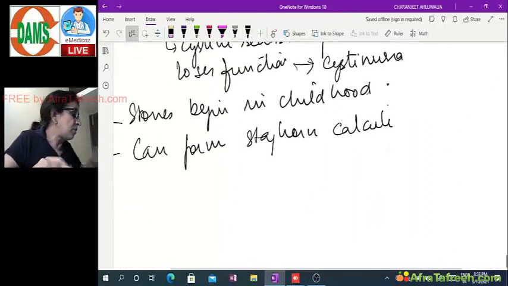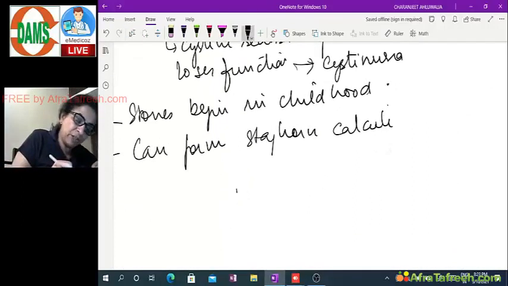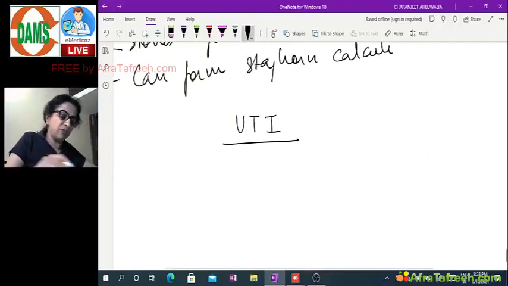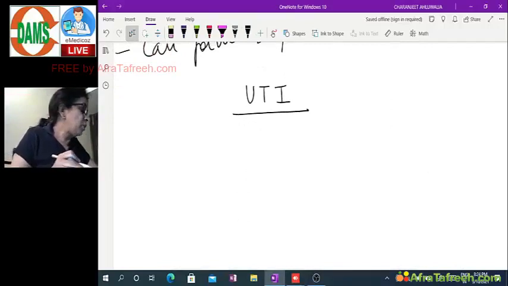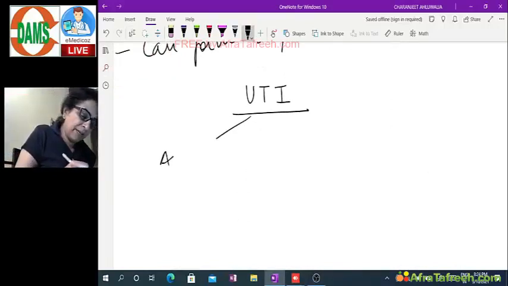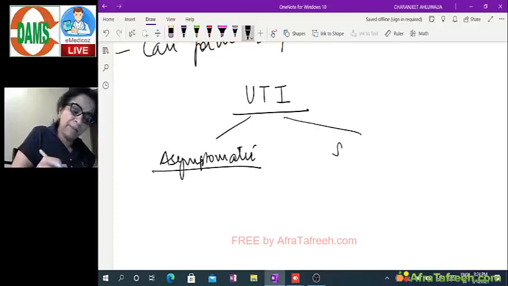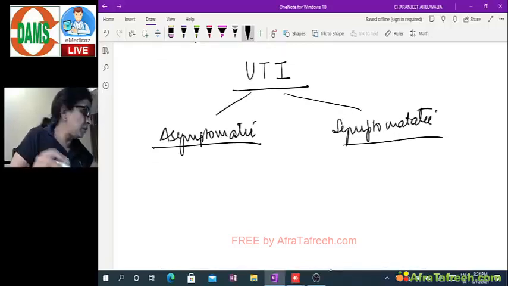So first we'll see UTI. What is UTI? Urinary tract infection, an infection of the urinary tract. Now UTI can be asymptomatic, where the patient has no symptoms, or it can be symptomatic.